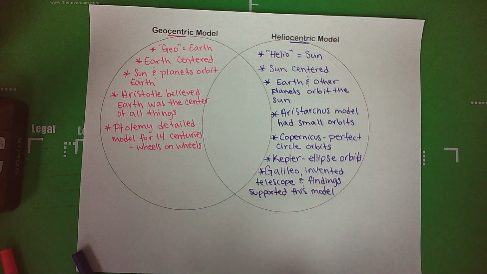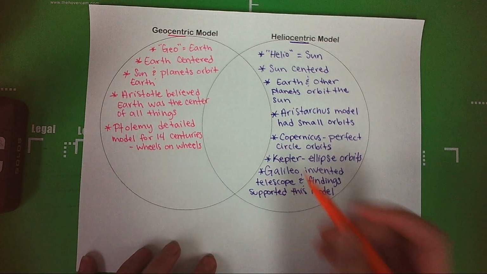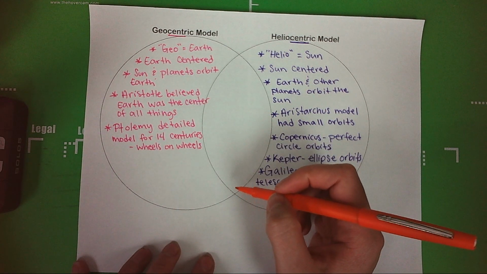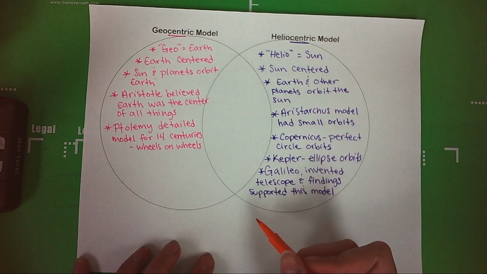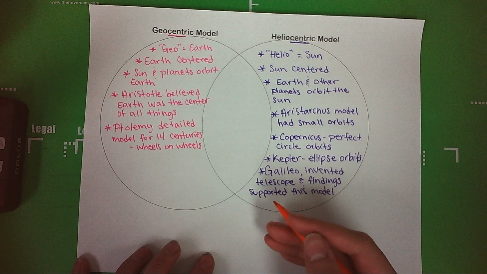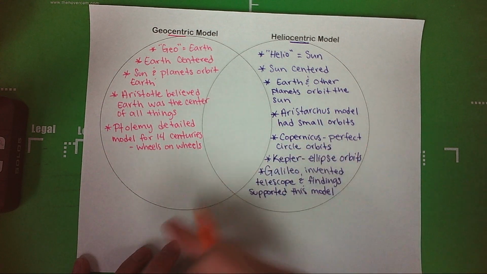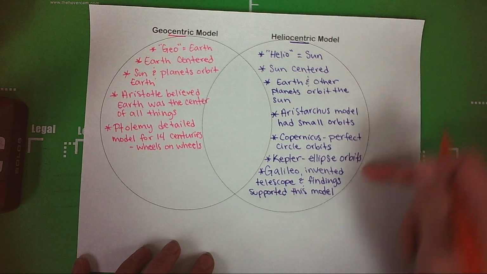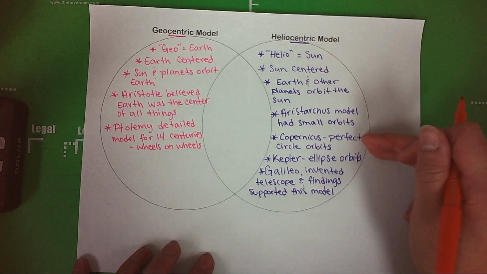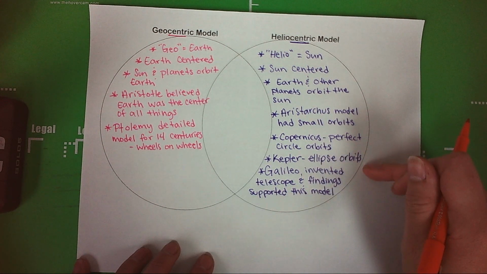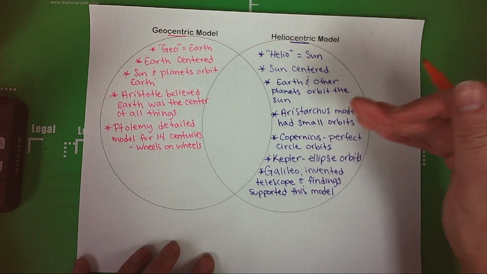Okay, so now that we've discussed both models, we'll discuss how they're similar, because the overlapping circles. So one thing that really is important here is showing how the models changed with new evidence. So here you can see it goes from small orbits to perfect circle orbits, and then ellipse, and then the telescope that actually supported, right?